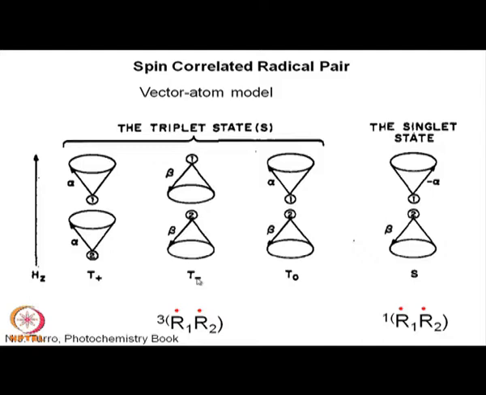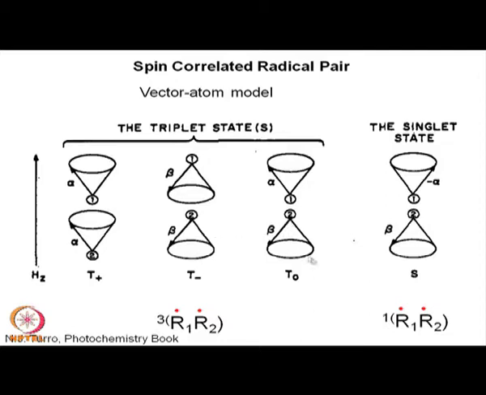Now, in an external magnetic field, where Z is the direction of the field, according to the quantum mechanical principle this spin vector will precess around the Z direction. Alpha has a positive projection on the plus Z axis, and beta has a negative projection on the negative side of the Z axis.